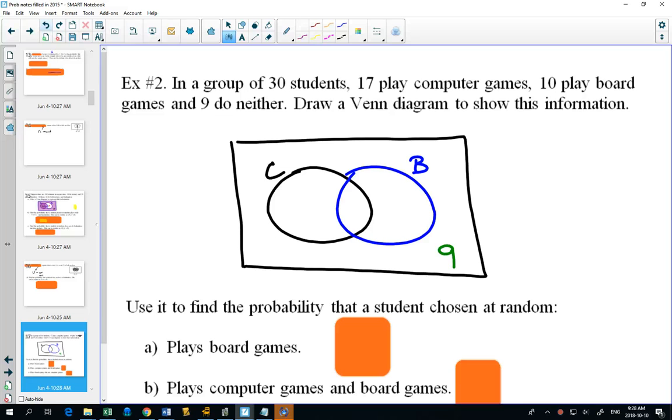How do we use logic to figure out, say, well, there's a couple good ways to figure this out. So I want you to think about how you can fill in the rest of those 3 spaces. In the end, everything has to add up to 30 because there's 30 students. The black circle has to add up to 17. The blue circle has to add up to 10.